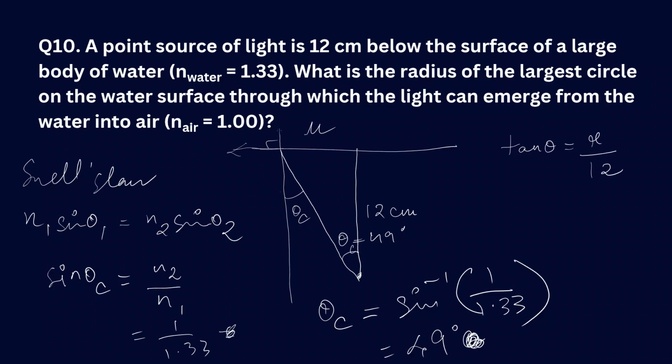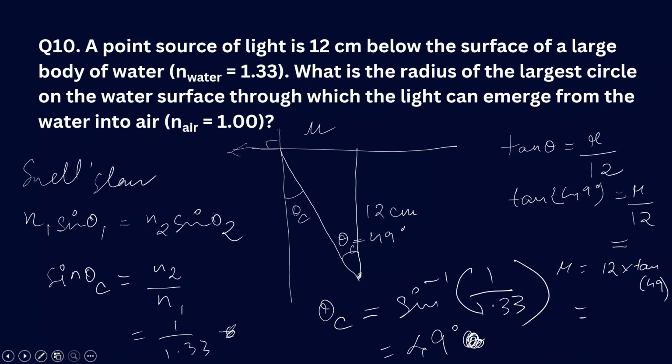So tan theta is equal to r by 12. So tan of 49, I have to calculate. r is equal to 12 times tan 49. Tan 49 is minus 3.17?